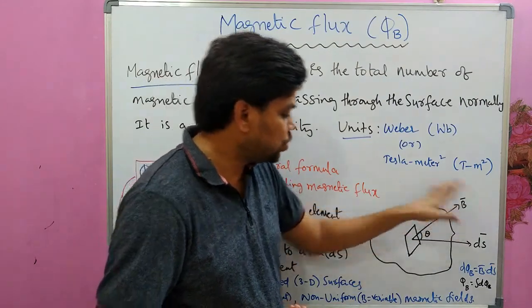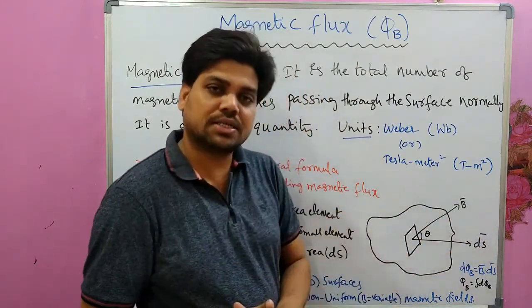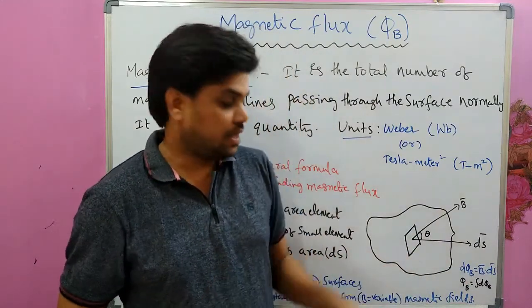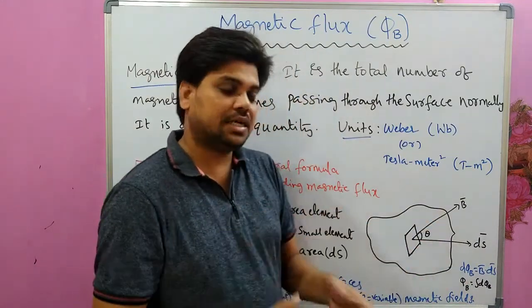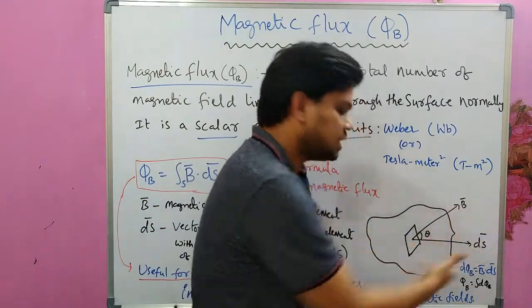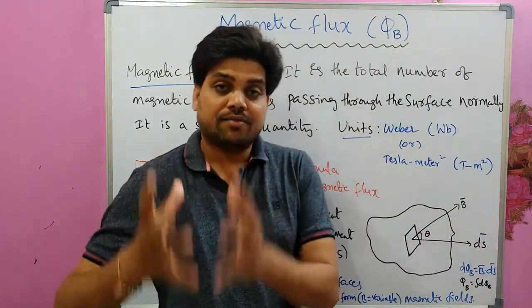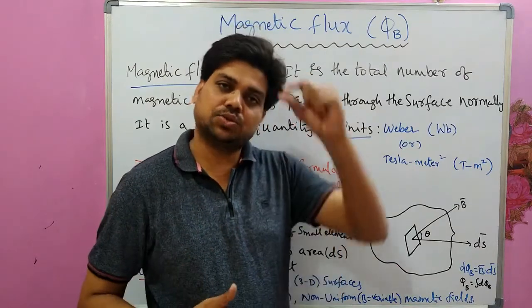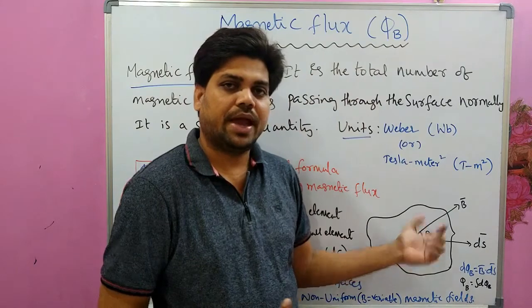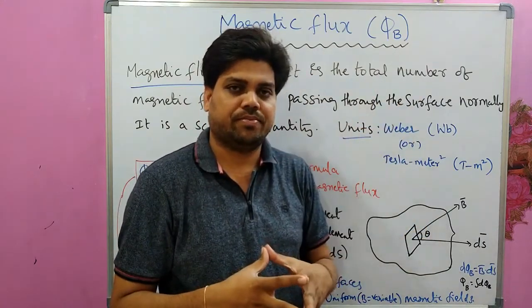And if I want the total magnetic flux passing through this entire surface, then I just have to consider small area elements in each and every place throughout this surface, find out the magnetic flux passing through each area element, and add all of them.